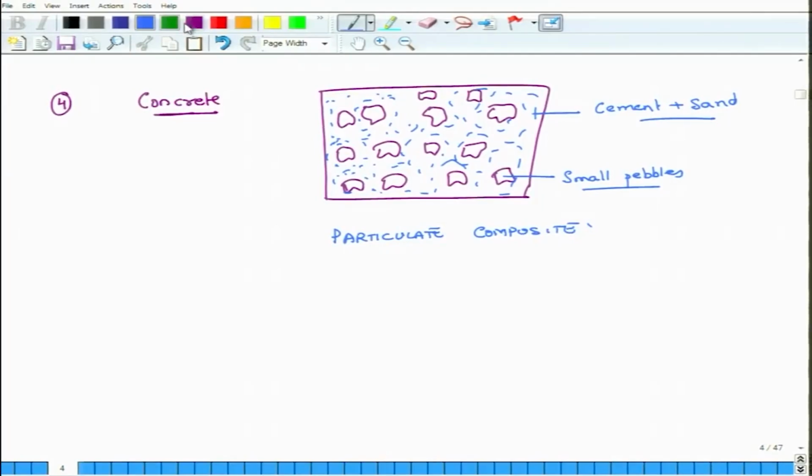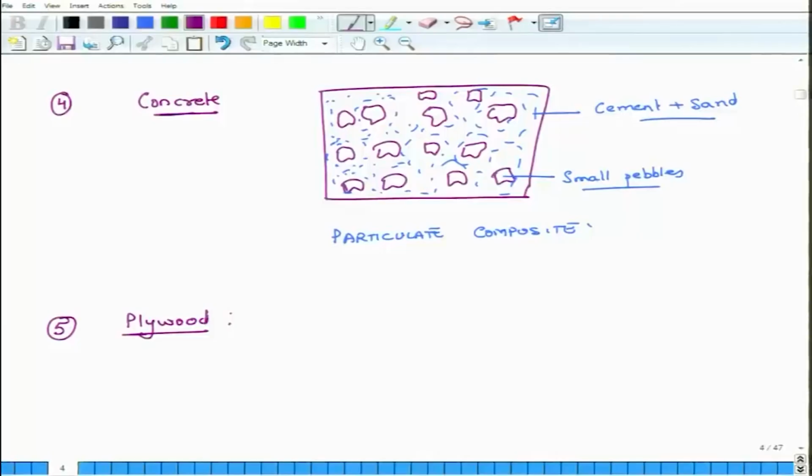Let us look at some other examples. Another man-made composite would be plywood. Now, what is plywood? It is basically several thin layers of wood stacked up on top of each other. Okay.